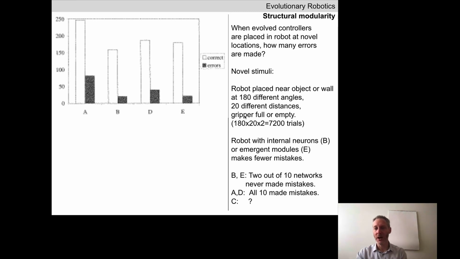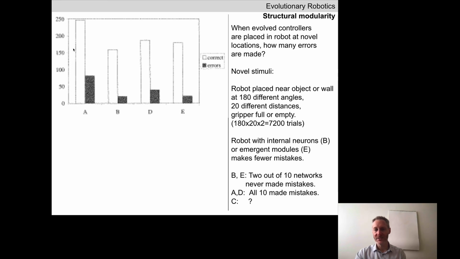And they placed the robot at either starting with holding an object or not holding an object. So that yielded a total of 180 different angles, each at 20 different distances away from an object or the wall, and either full or gripper empty, led to a total of 7,200 trials.